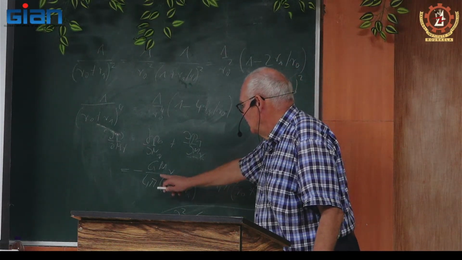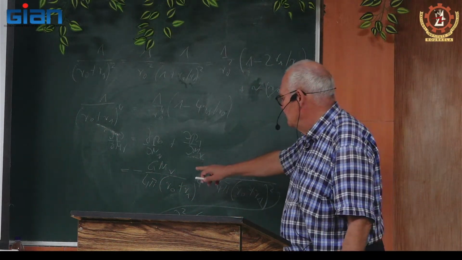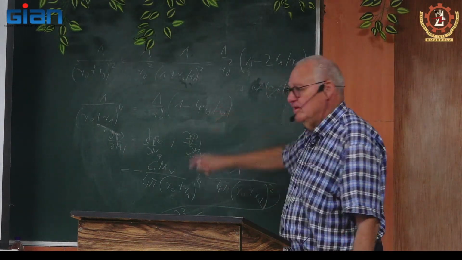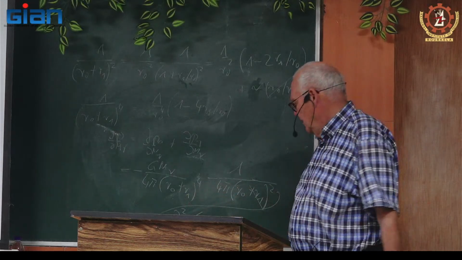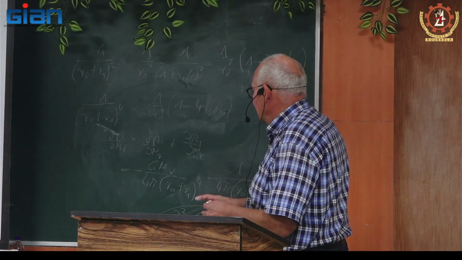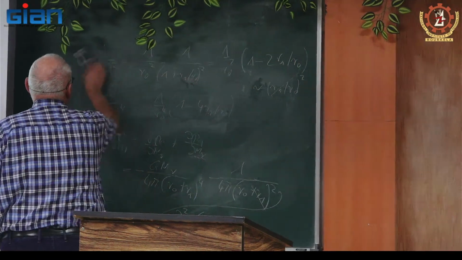This is going to be GM over 4 pi r naught to the fourth times 1 minus 4 times this quantity, 4 times the first order perturbation of the radius. So let's do it once again here.